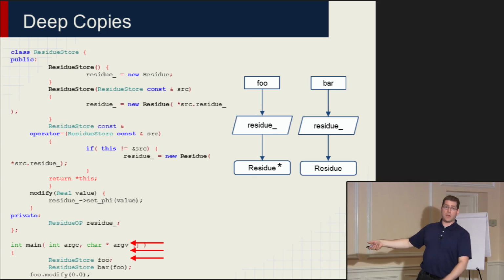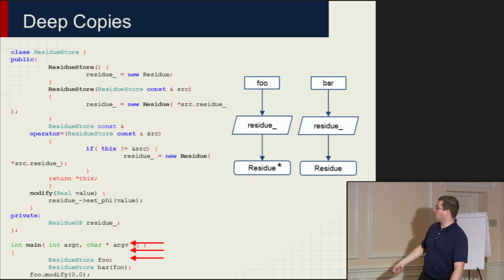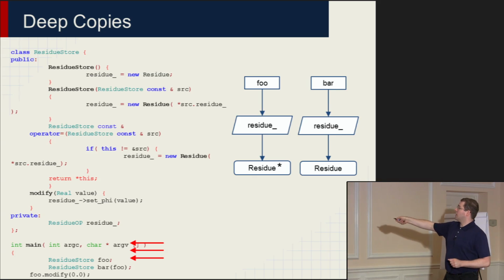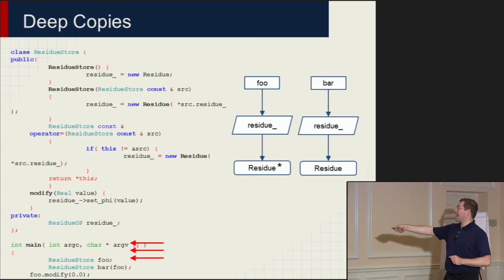And so now when we go through the program, we create a new foo residue store, as before. But now when we make a copy via the copy constructor, we have the new bar variable, we have a new residue variable, but instead of pointing to the same residue object, we now have a copy of that residue object.